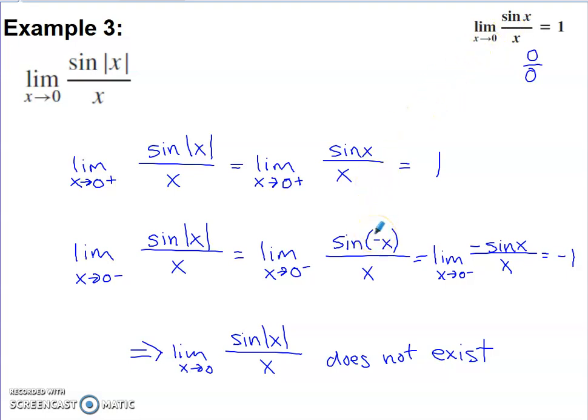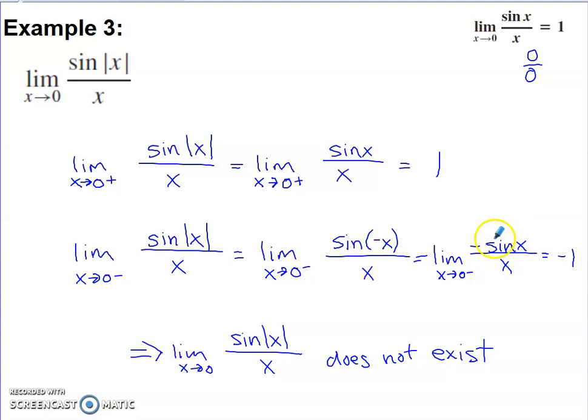You might remember at some point in the past, like in a pre-calculus course, preparing you for your Calc 1 course, calling sine of x an odd function. An odd function has the property where if you put a negative x in place of the x, that's going to simplify to the opposite value of the original expression, which is just sine of x. So I use the property that sine of x is an odd function to get from this numerator to this numerator.